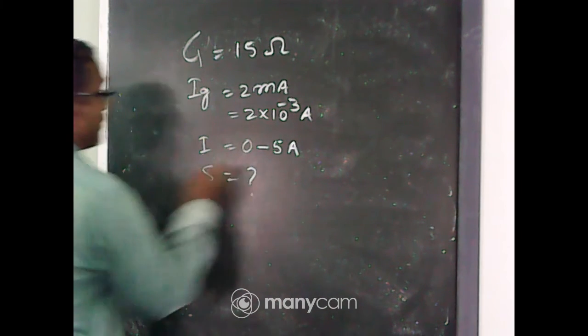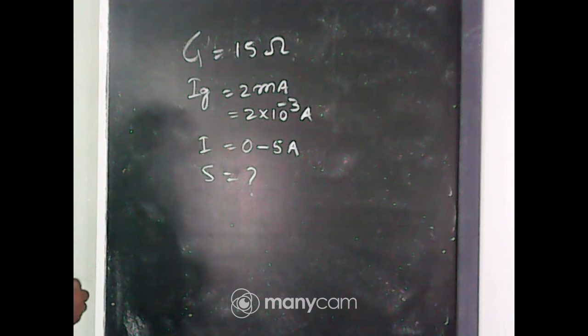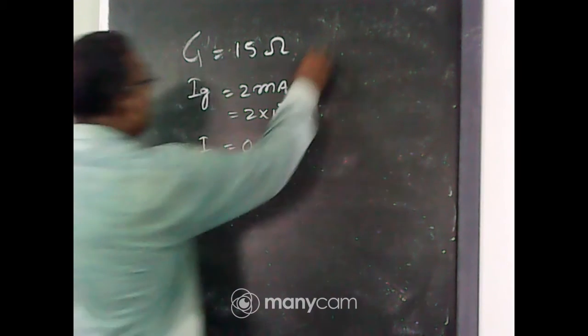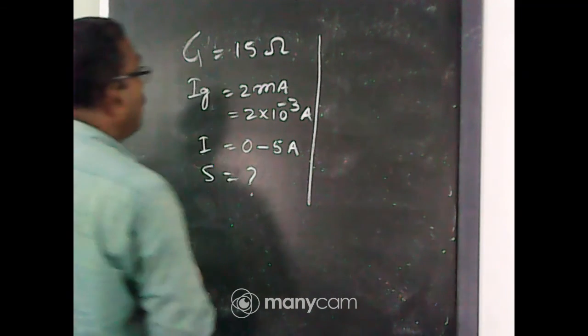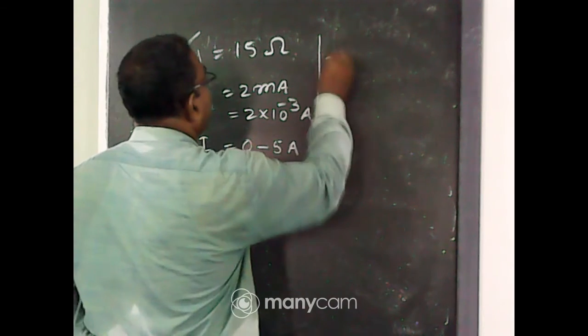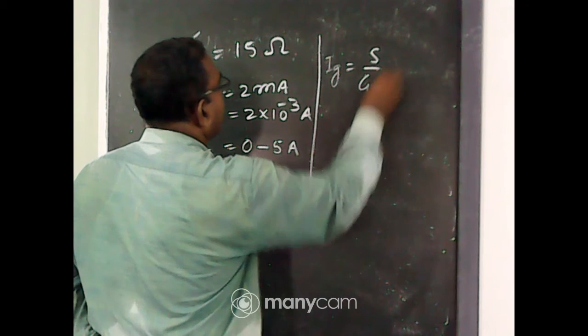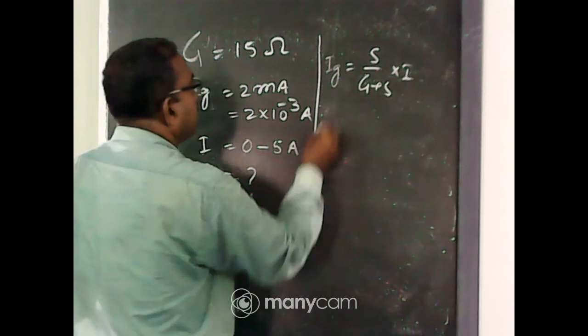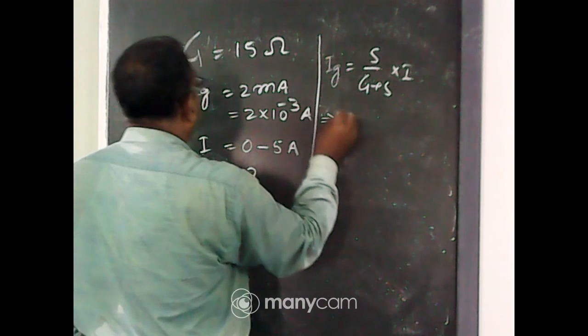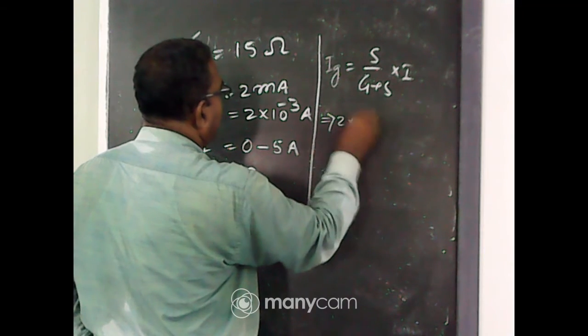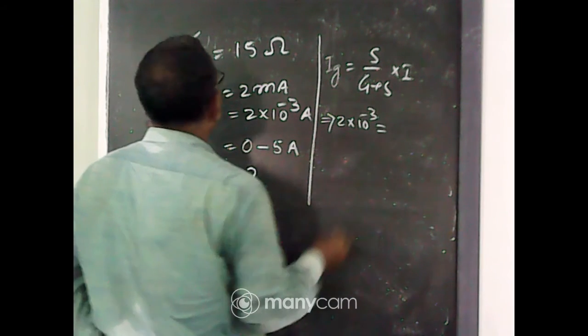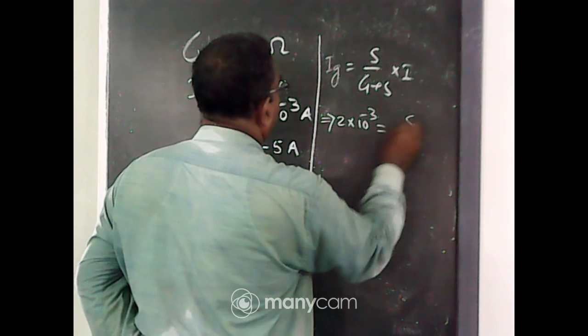Calculate the shunt resistance. So, my dear student, you write this formula. What will be its formula? Ig equal to S by G plus S into I. Okay. So, Ig equal to 2 into 10 to the power minus 3. S equal to the required value.